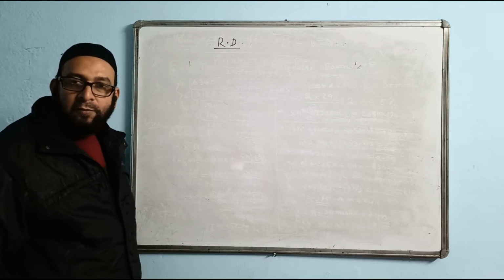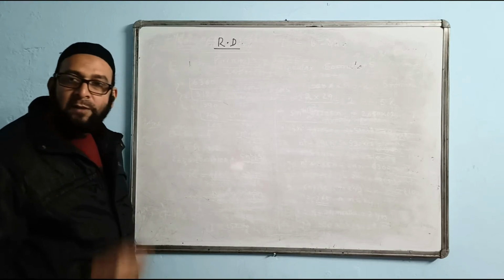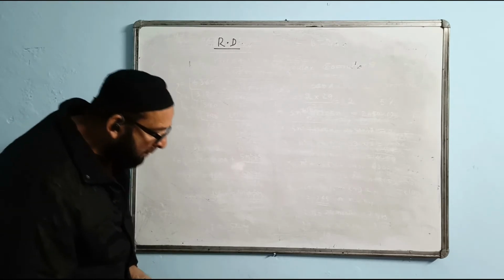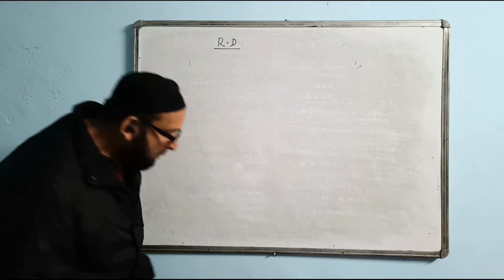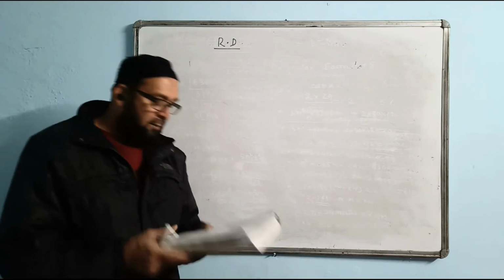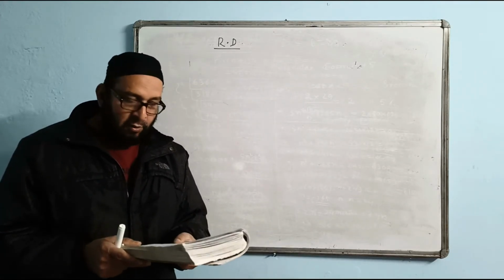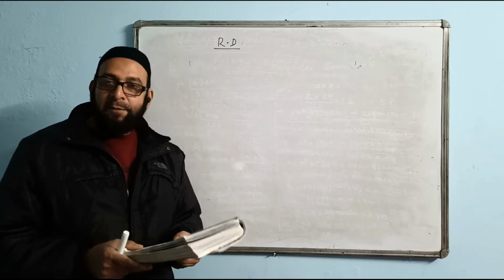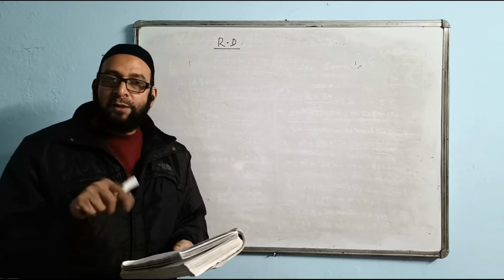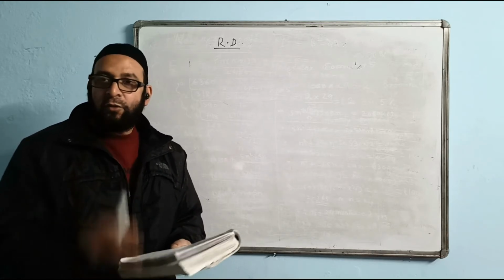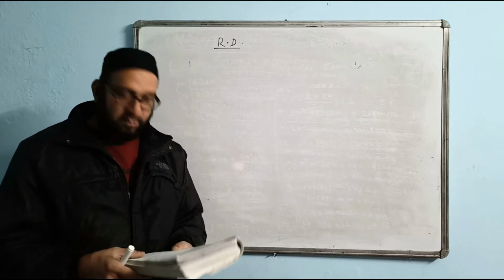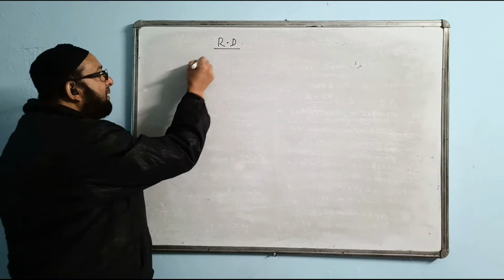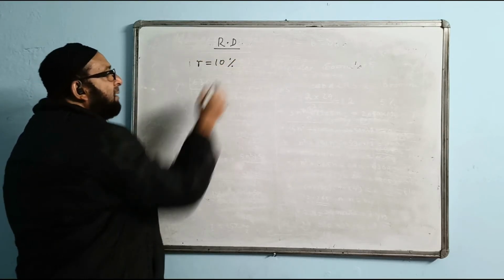You have to find the value of monthly installment. So please write down the information first. According to the question, we write down all the information given. Mr. Joseph opens a RD account in a bank paying 10% per annum. So R is 10%, rate percent is given.